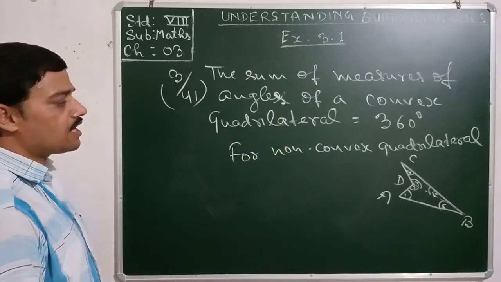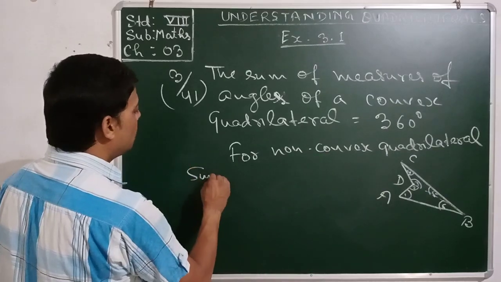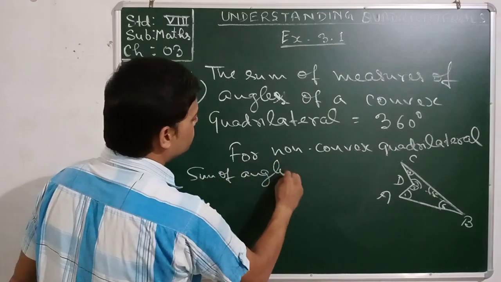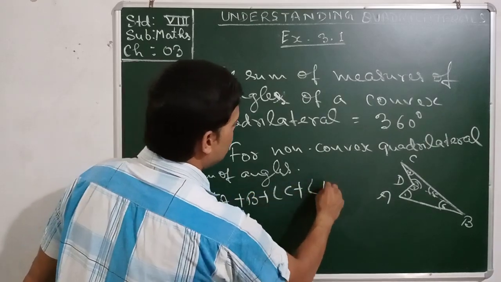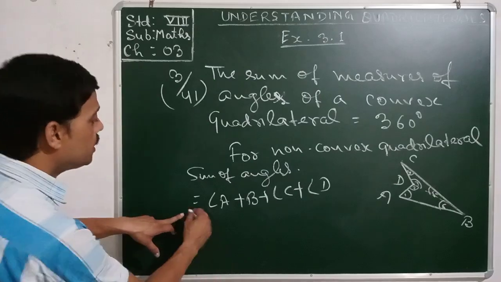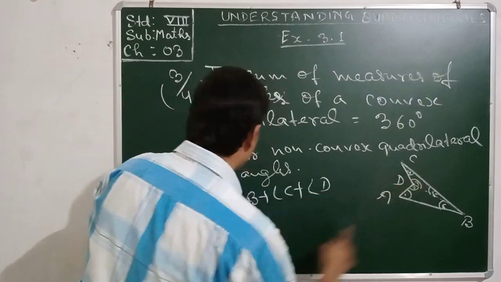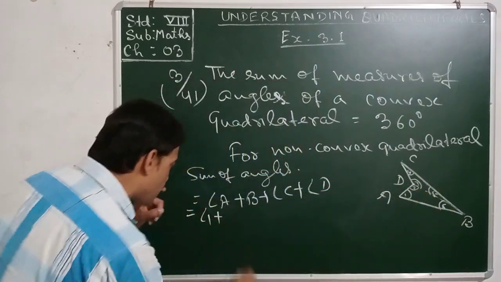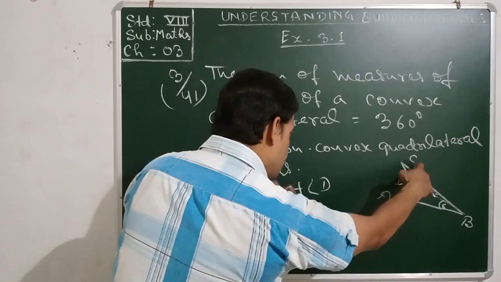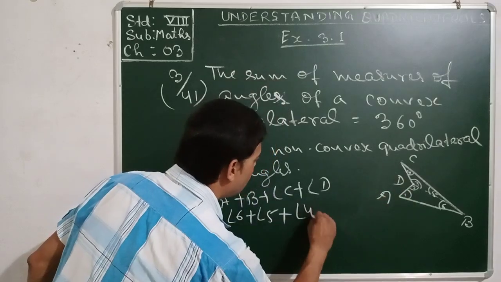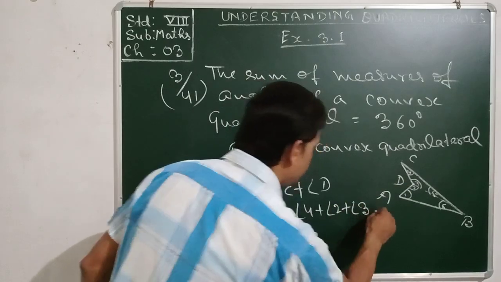Now, if you are asked to find out the sum of angles, then sum of angles equal to angle A plus angle B plus angle C plus angle D. Now see, instead of writing angle A, we can write here angle 1, instead of writing angle B, we can write here angle 6 plus angle 5, instead of C, we can write here angle 4, instead of D, we can write here angle 2 plus angle 3.